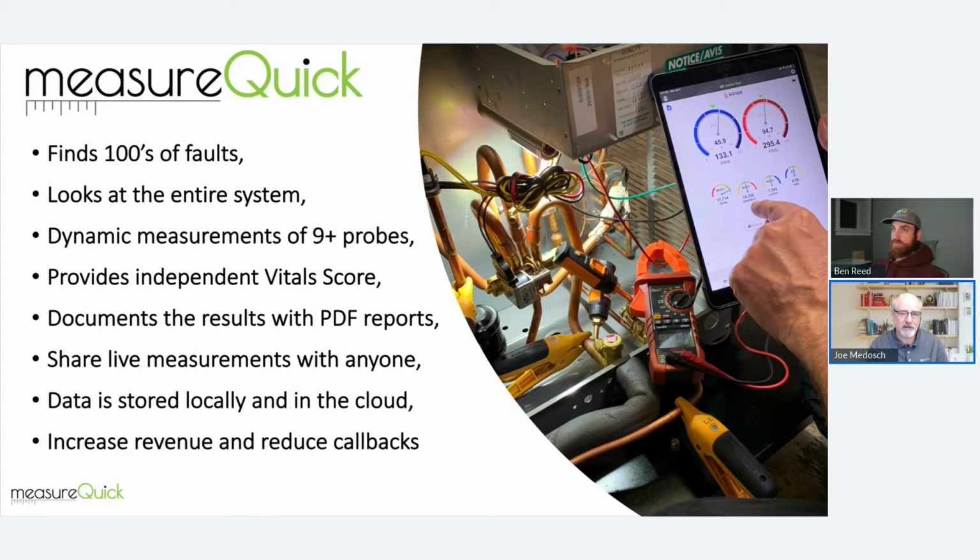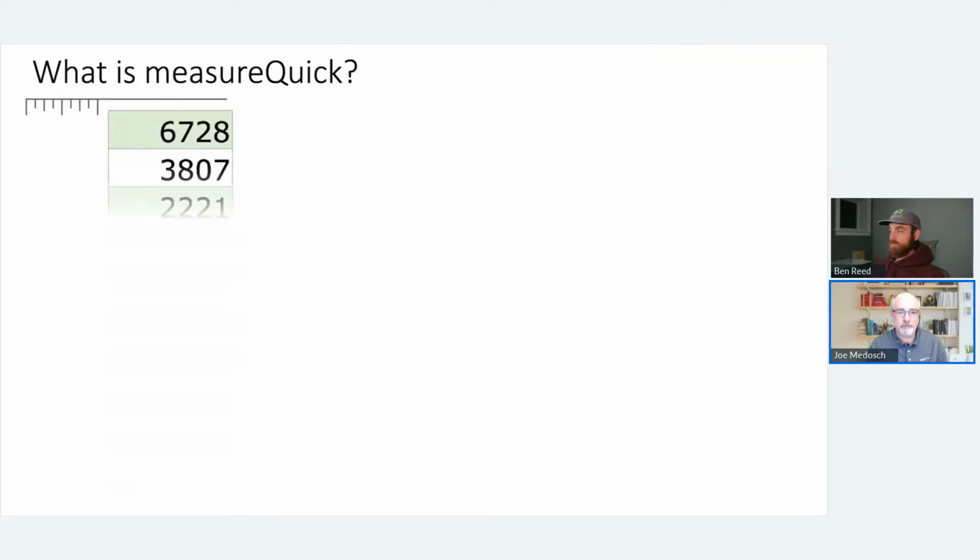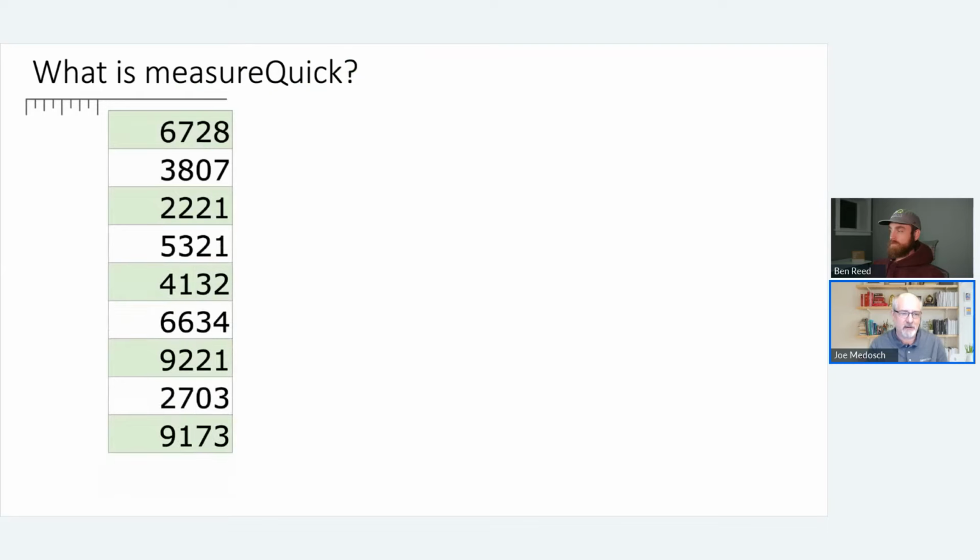The reality is this is one of the most advanced apps out there in our entire industry. I don't think there's anything like this for others, like plumbers or electricians. They don't have these types of challenges or something that's supporting them in the same manner. So measureQuick is a calculator for the HVAC industry.